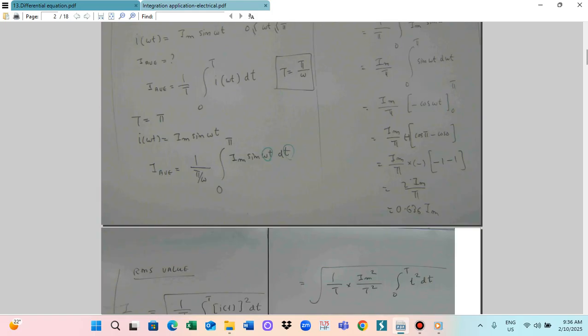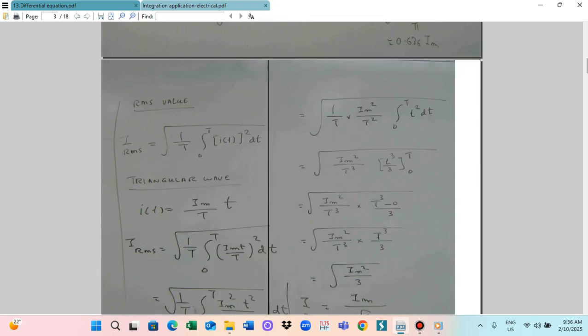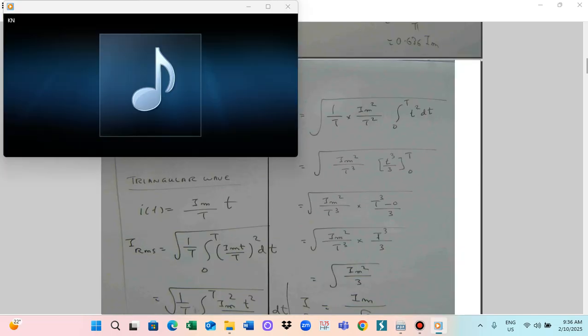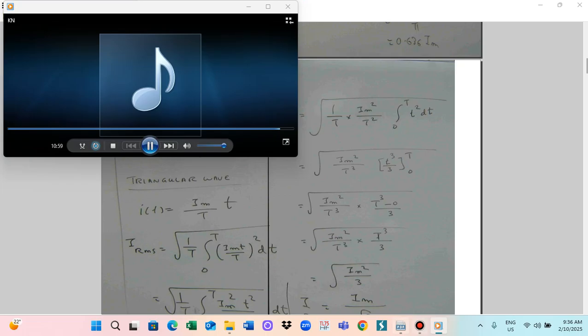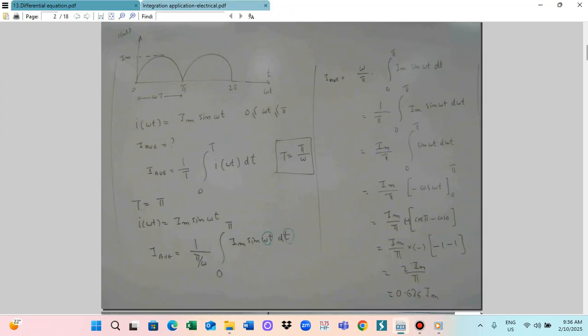So we use this equation: I average is equal to 1 by T, integration 0 to T, I of omega t dt, because we compose of the frequency, and the frequency should be omega t. So for T you substitute pi by omega. The I of omega t equation is Im sine omega t dt.